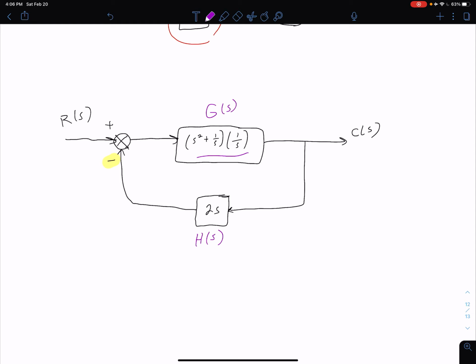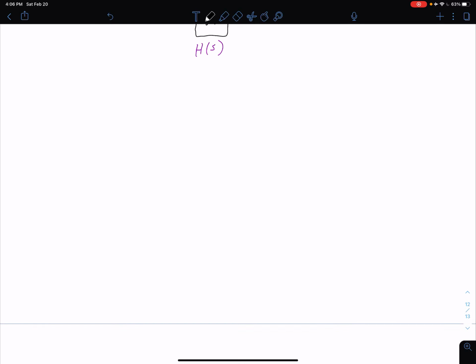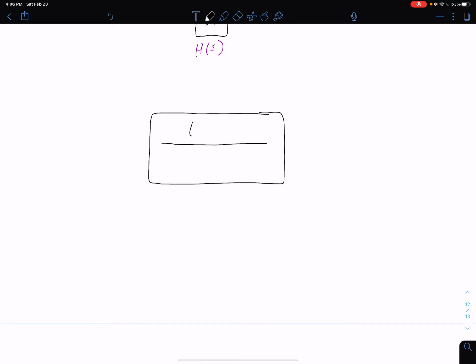So now what we're doing is we're just plugging into our equation for our feedback form. All right, and so ultimately what that's going to give us, remember, is our GEQ. So we're going to have some GEQ, some single transfer function, which is going to be G, so our G is S squared plus 1 over S times 1 over S, divided by 1.